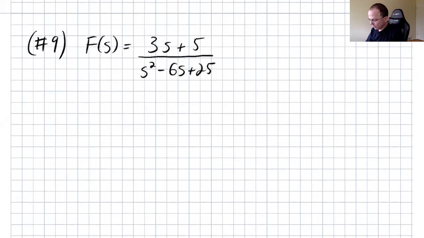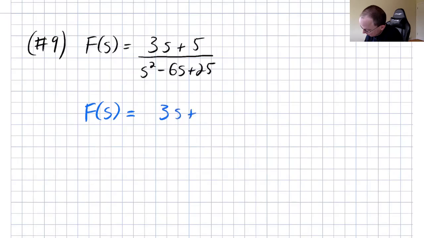All right, another example. So again, we need to factor the bottom, see what we get, and then we'll figure out how to use this translation rule to help us. So the top is just 3s plus 5, and then the denominator is s squared minus 6s plus 25, so I'm going to complete the square.